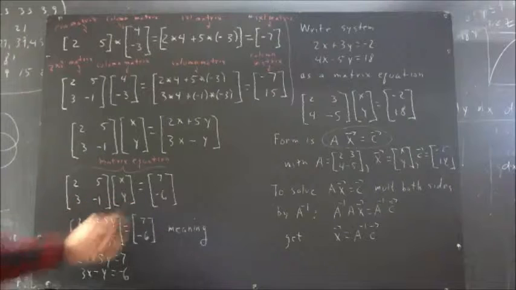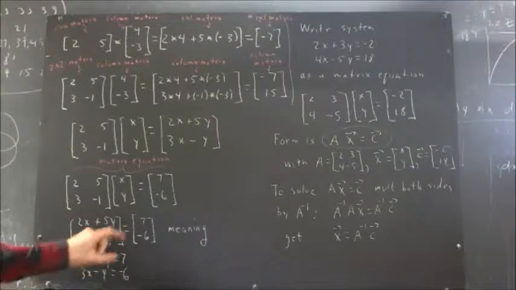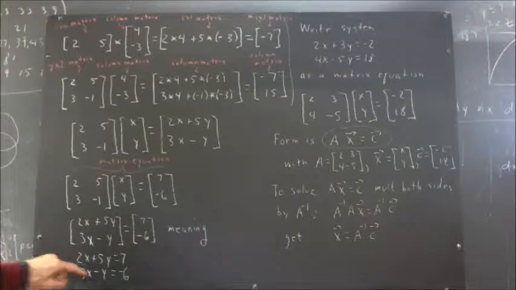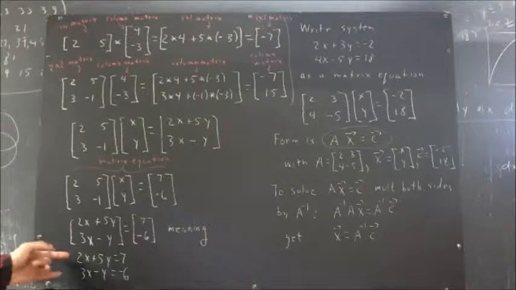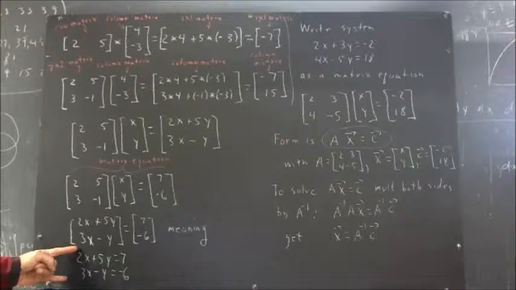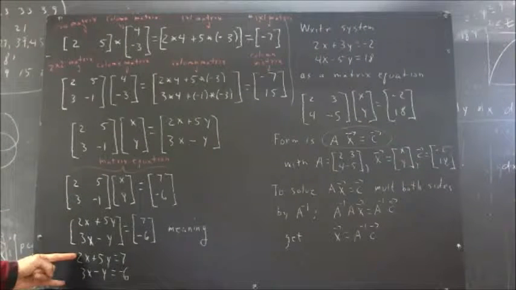This equals this just says 2x plus 5y equals 7, and this equals this means 3x minus y equals negative 6. So all of a sudden we see that we can use matrix representation to represent a system of equations. So this matrix equation is completely identical to this system of equations.